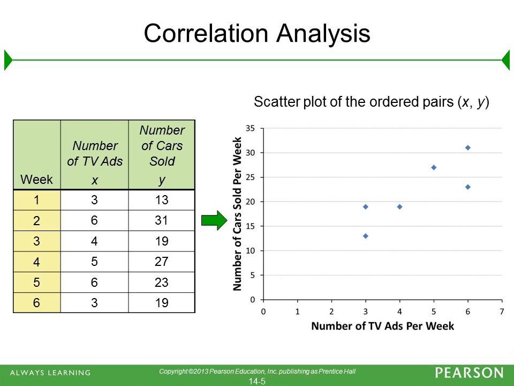So for example, the lowest dot in this is at 3 and 14, and it shows that if 3 ads were run, 14 cars were sold, and then if 4 ads were run, 20 cars were sold, and so on and so forth. So that is a scatter plot. It shows the relationship of an x-axis variable with the y variable.